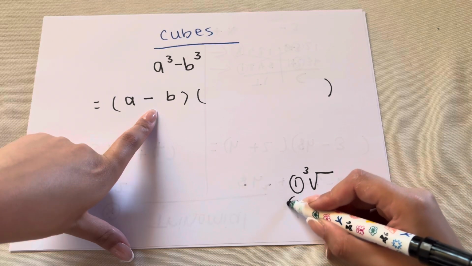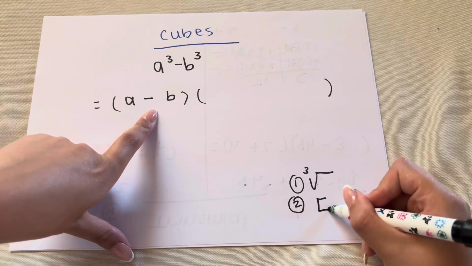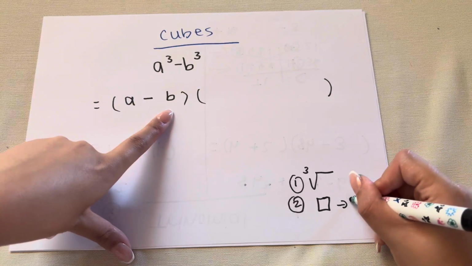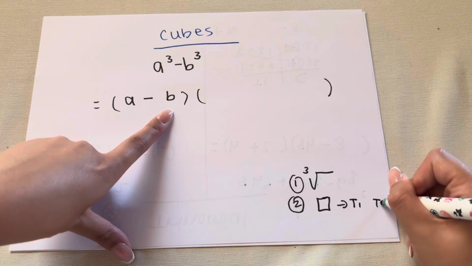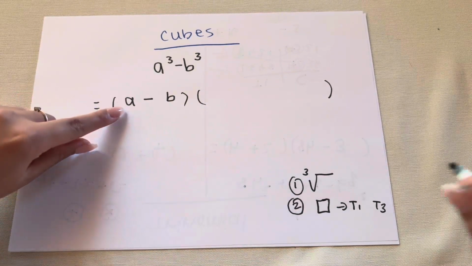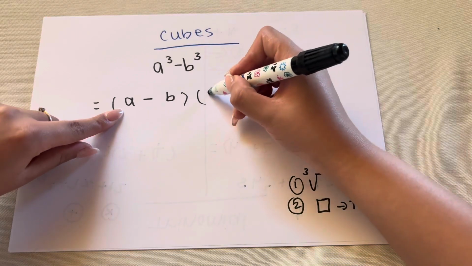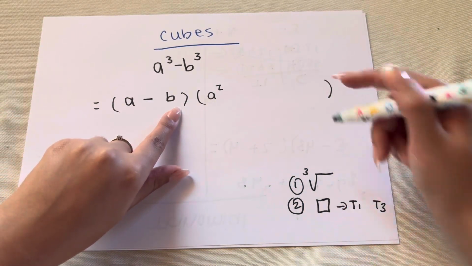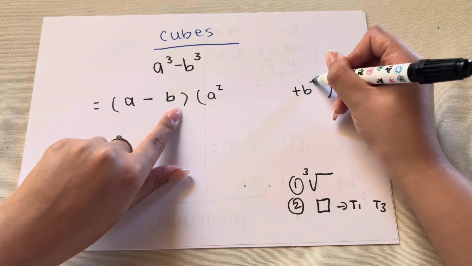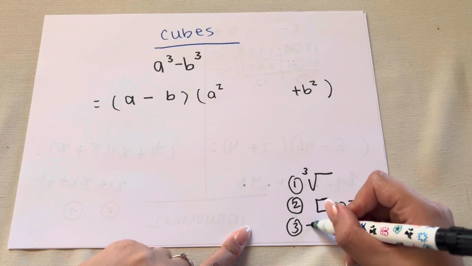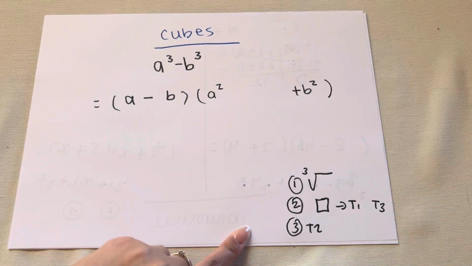Then to move into the second bracket, you have to square each of these to obtain the term 1 and term 3 value, okay? That's why this is a big bracket. A squared is a to the 2, minus b squared is plus b to the 2. And then the third step is to obtain term 2, which is the middle term, right?